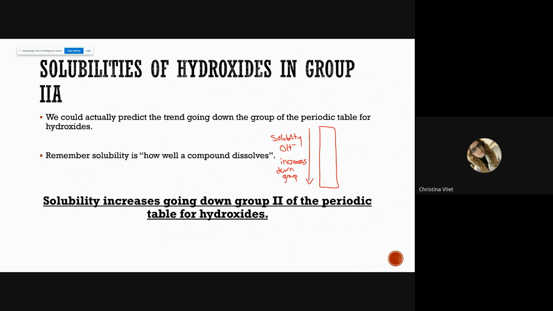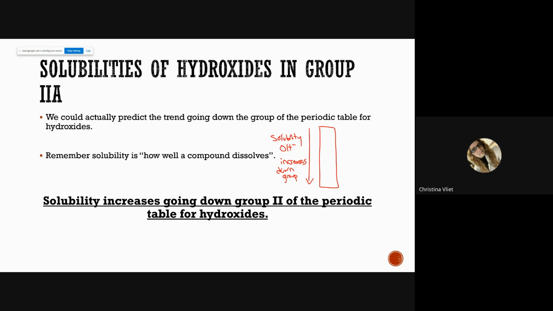So the most soluble hydroxide in group 2 would be radium, but radium is radioactive, so in practice it would be barium.